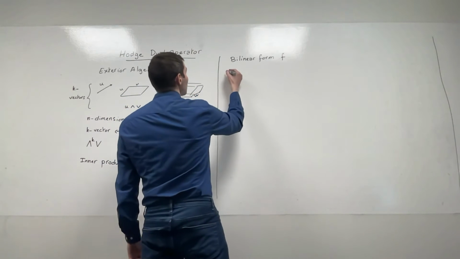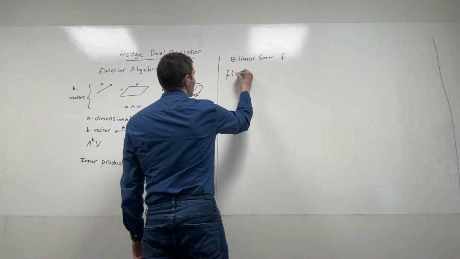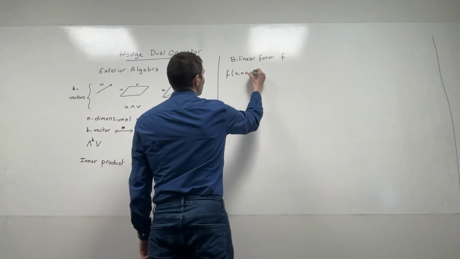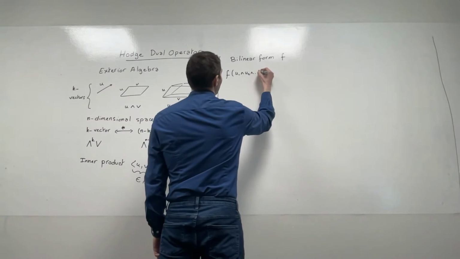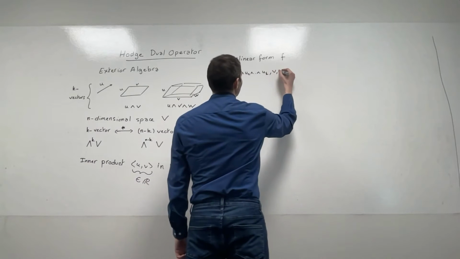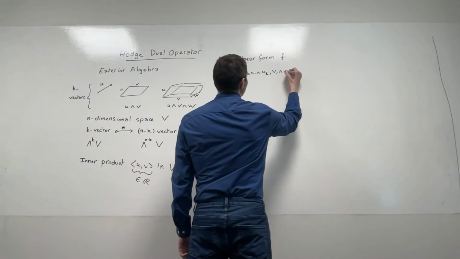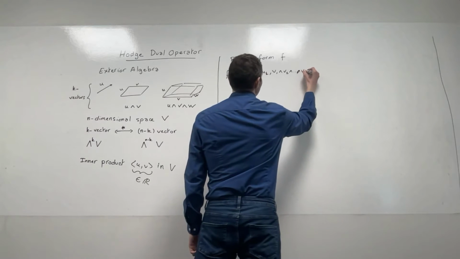So the way I'm going to use it is as follows. I'm going to say F of u1 wedge u2 wedge, let's say, uk, and then v1 wedge v2 wedge vk.